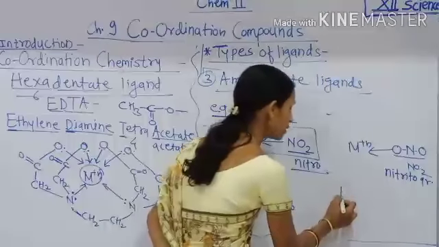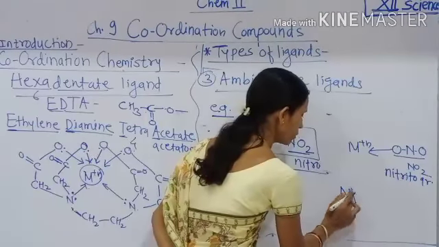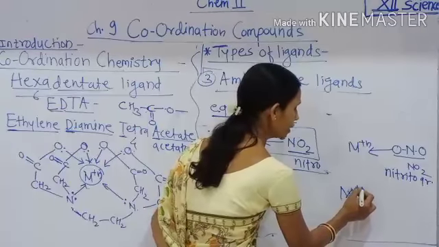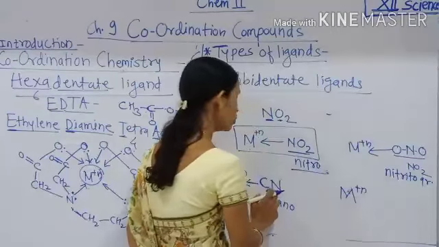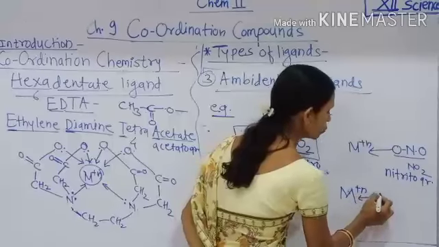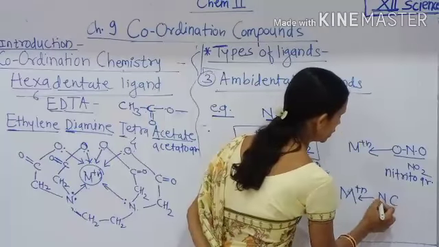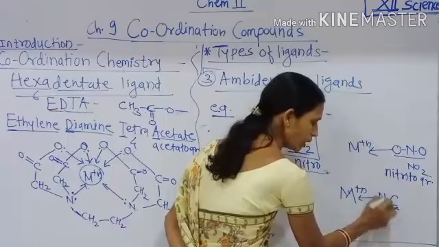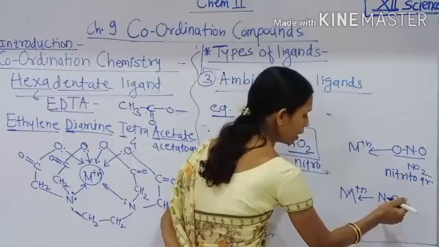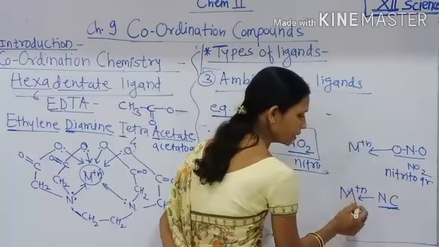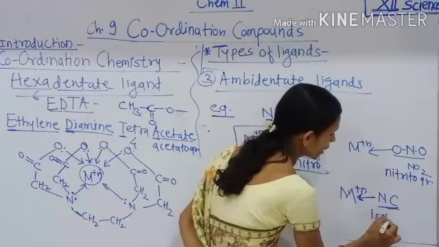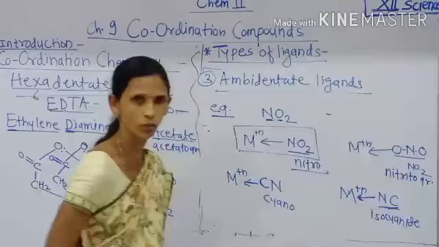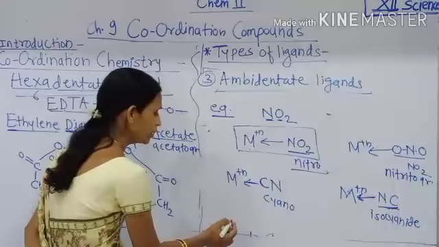And in another type of coordinated compound, the CN group is attached through the nitrogen atom, that is NC, in which nitrogen is attached to the central metal ion, which is known as isocyanide or isocyano group.